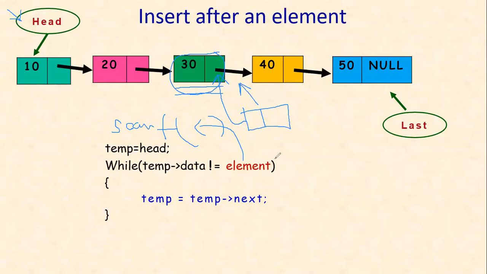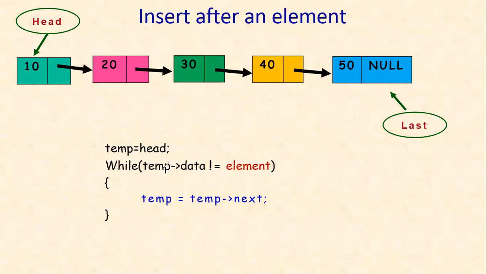After reading that element, I am using a loop to check whether the data in the node matches the element I want. It means I have to travel towards the target element.